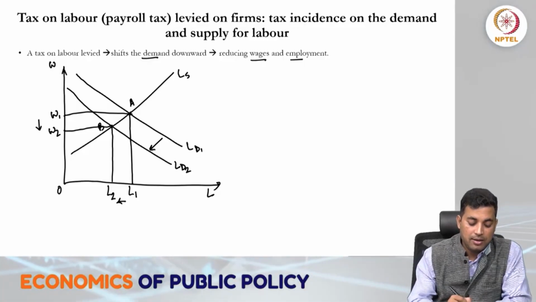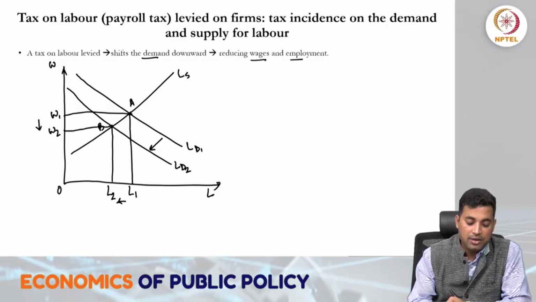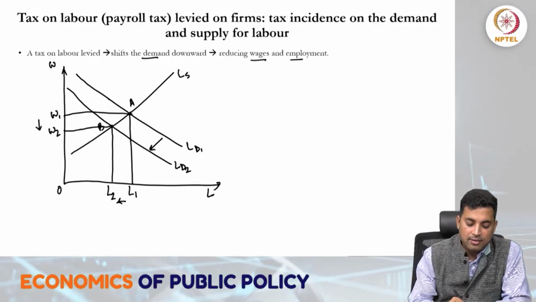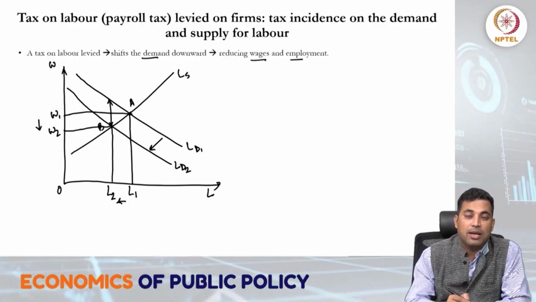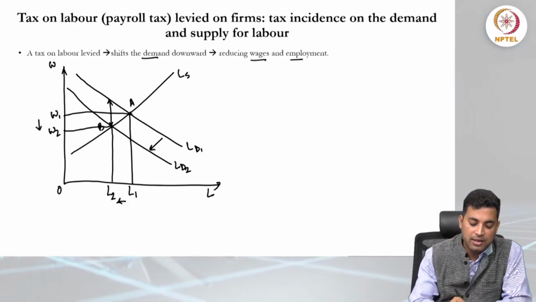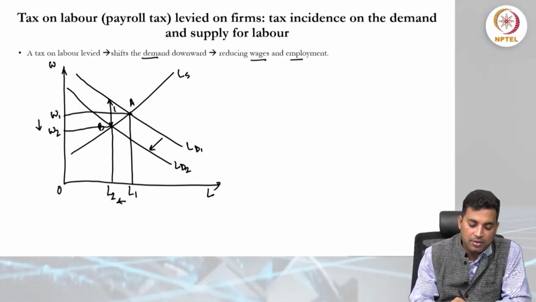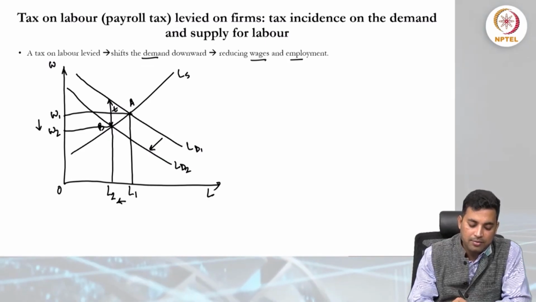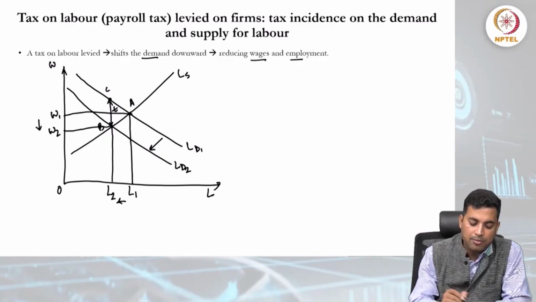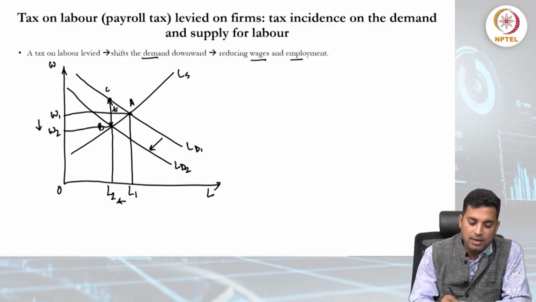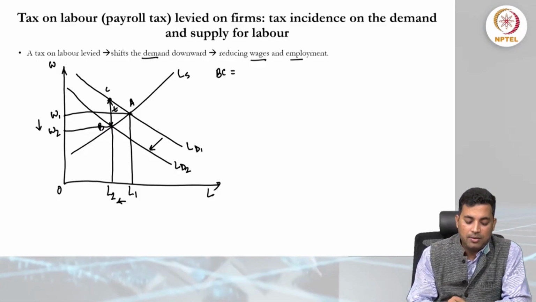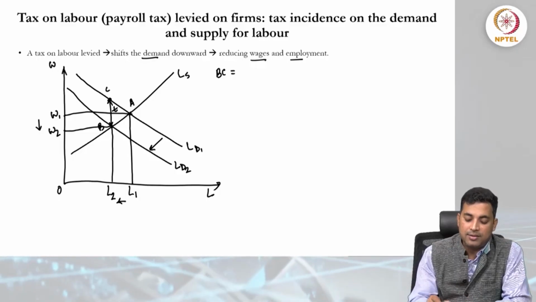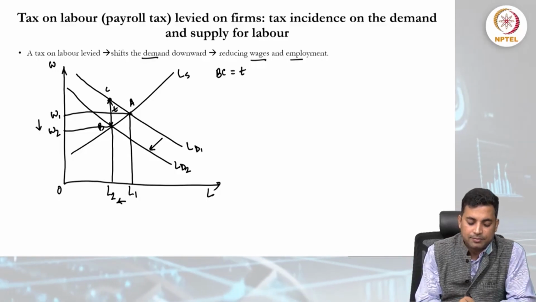So this is a negative wage effect, but then we can see the amount of taxation by which labor demand is reduced. It is this particular amount, small t, where we get another point, say point C. So the distance between B and C is basically the tax.